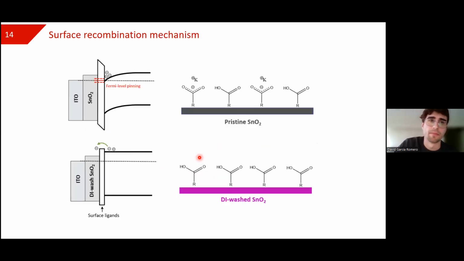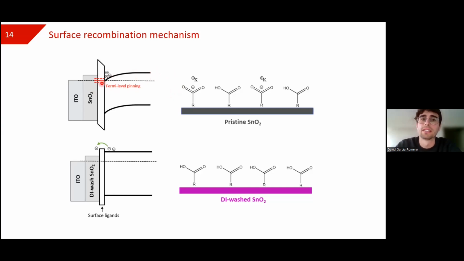So, in brief, we have a system in which initially the surface of our interface with the organic layer contains these potassium cations that are electrostatically bonded with a ligand. They create Fermi level pinning with the LUMO level of our organic layer.